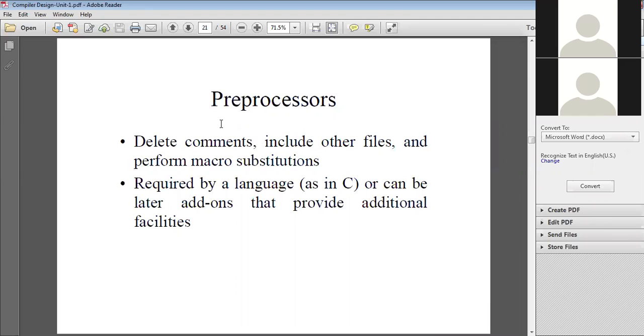At the start, we always write #include <stdio.h>, #include <math.h>, like that. The hash links your different functions with the header file.